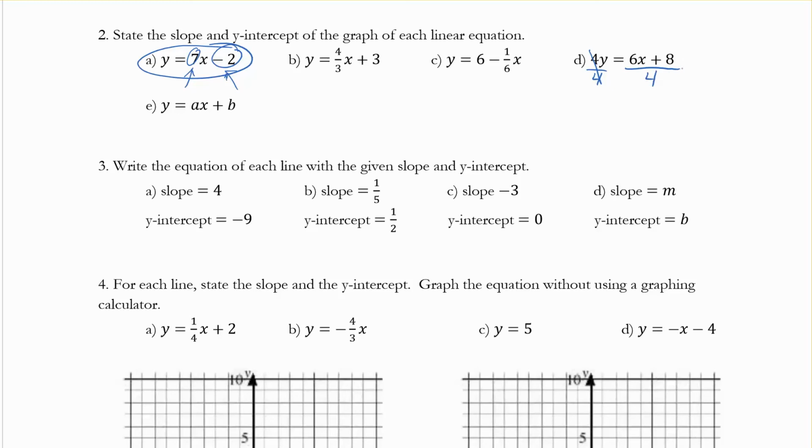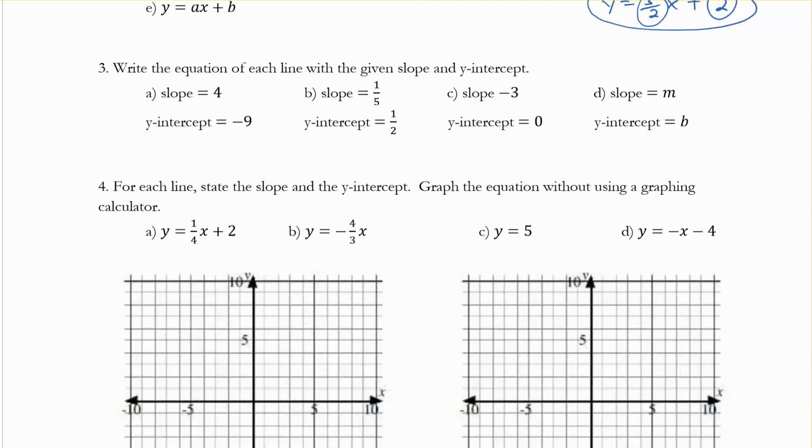That's the same thing as saying that divided by 4 and that divided by 4. Hopefully you're following me. So we'd say y is equal to 6 over 4, that's 3 over 2 x, plus 8 divided by 4 is 2. So now we can see our m and our y-intercept.